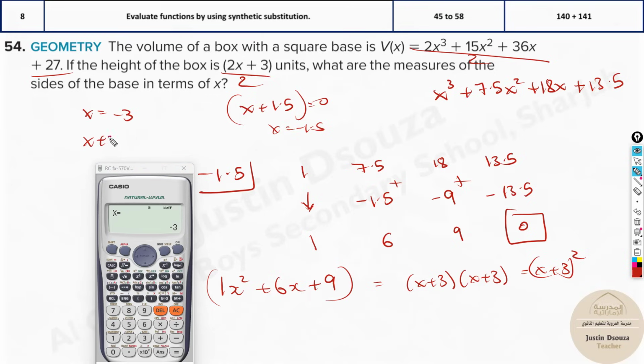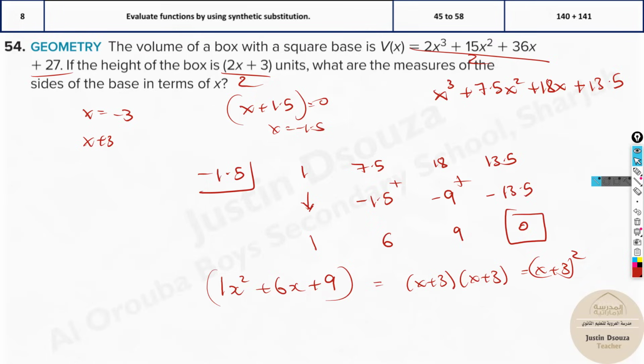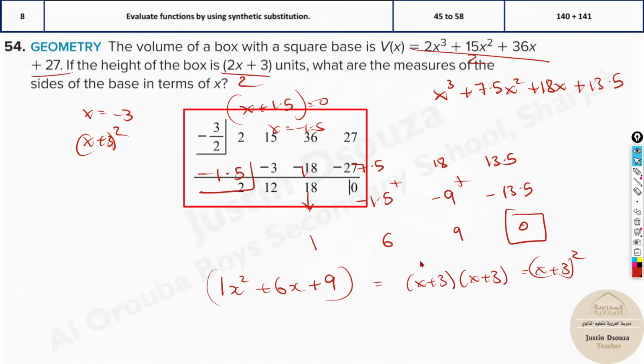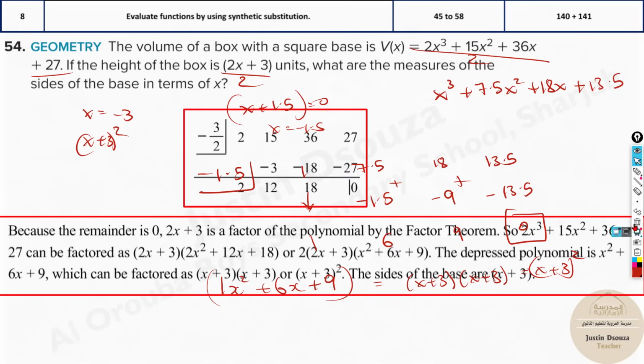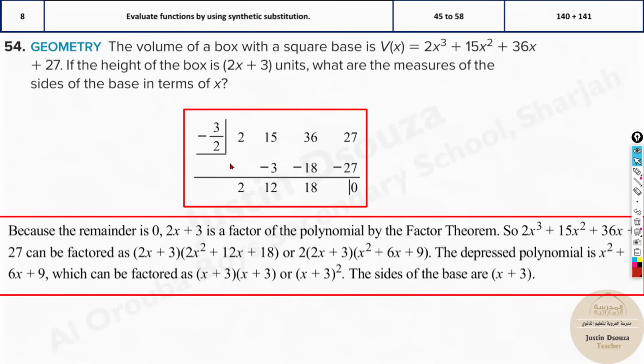Take it inside, it will be x plus 3. But since you're just getting one answer, this is a repeated root. That means its multiplicity is 2. There are two roots that are repeated. But if you find the factors, you'll understand it over here. So that's the answer. Now the side is x plus 3. That's the final answer. Over here you can see the base is x plus 3.